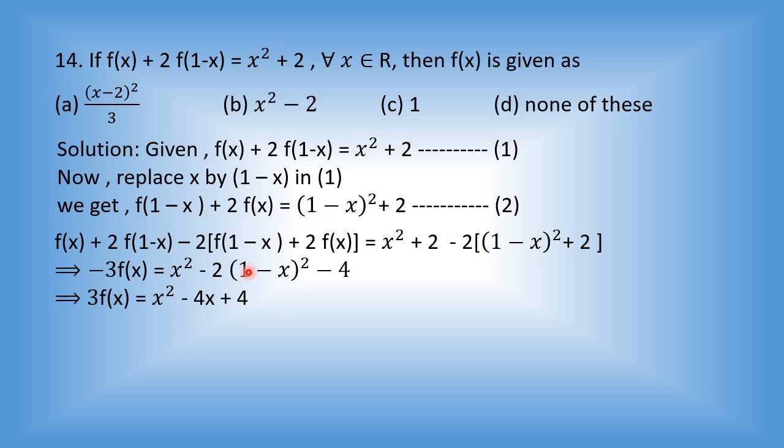After simplification you will get minus 3 times f of x is equal to this, or 3 times f of x is equal to x square minus 4x plus 4. So f of x is nothing but x square minus 4x plus 4, which is x minus 2 whole square, divided by 3. Therefore, the answer is option A.